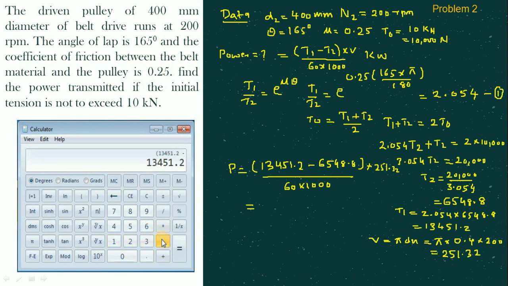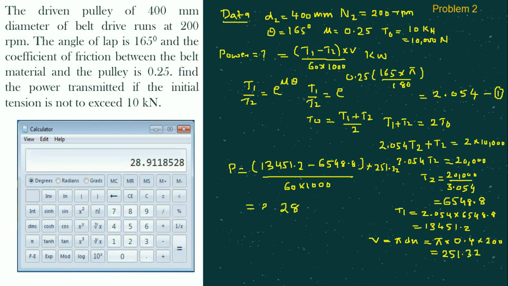Open the bracket, 13451.2 minus 6548.8, close the bracket, multiplied by 251.32, that is the velocity, divided by, again put a bracket, 60 multiplied by 1000, close the bracket, now equal to.